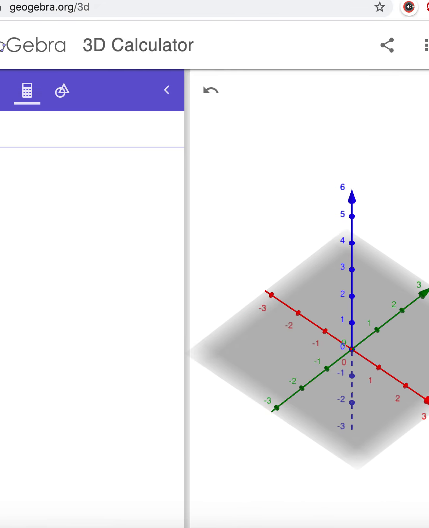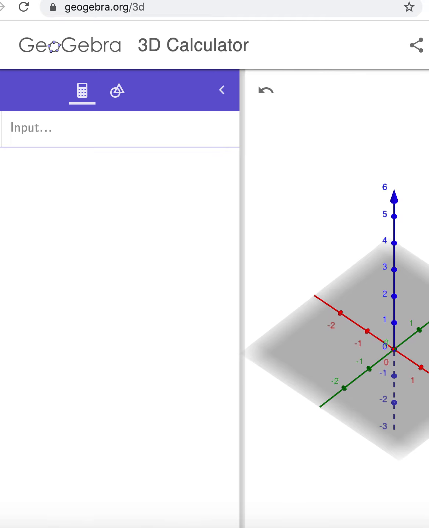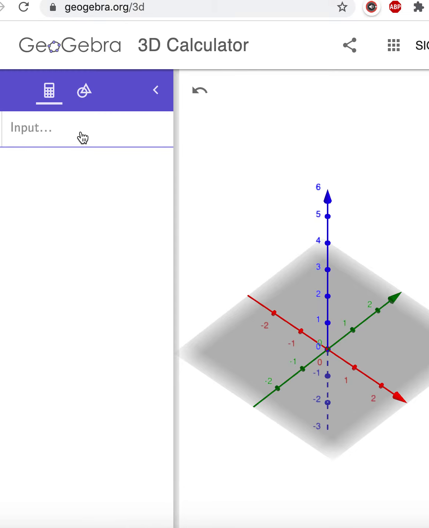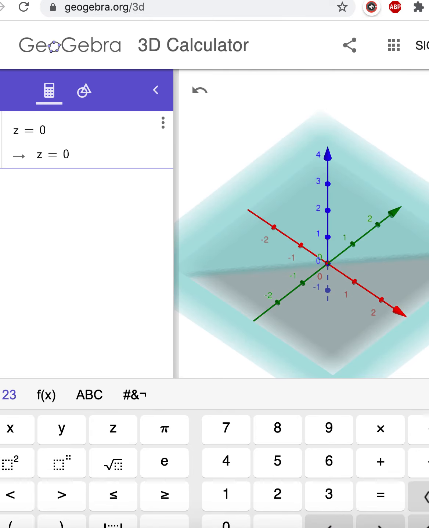All right, now I want to plot my first 3D function. Let's make just a simple horizontal plane. All that requires is z equaling a constant. You can start off with a constant of perhaps 0, which is the xy plane itself.